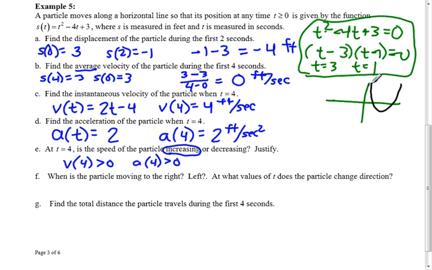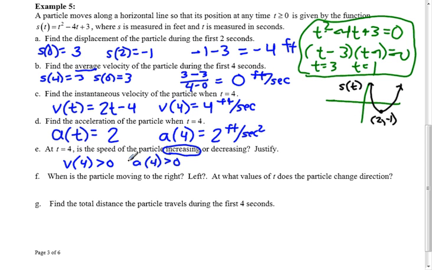Since it's a parabola, it's going to be symmetrical. This minimum value right here, or where is our velocity 0? If you set that equal to 0, we're going to get 2, at t equals 2. And if we plug that in, we get negative 1. This is our position function.